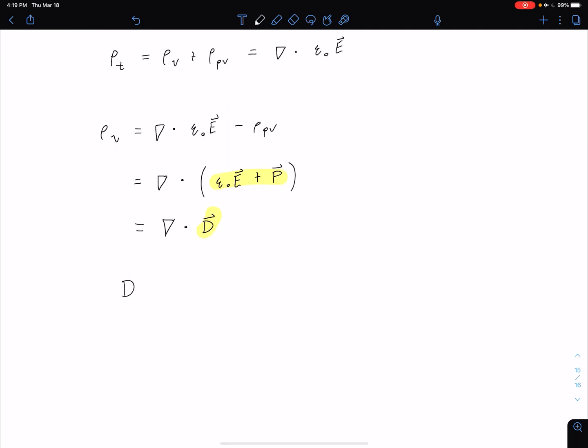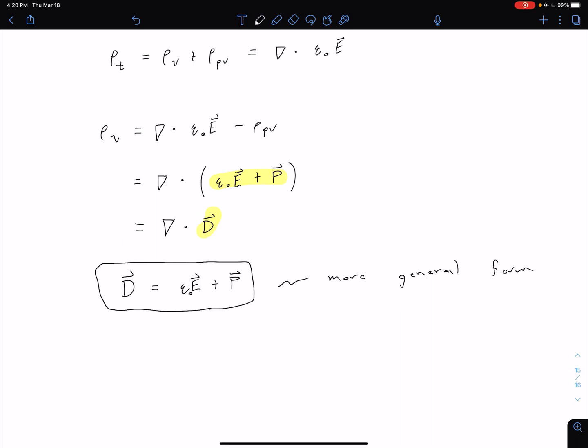So we can now say that our D is equal to epsilon naught E plus polarization P. And again, remember, this is where we've added free charge into our polarized dielectric material. This is a more general form than what we had worked with in the previous unit, a more general form for our electric flux density.